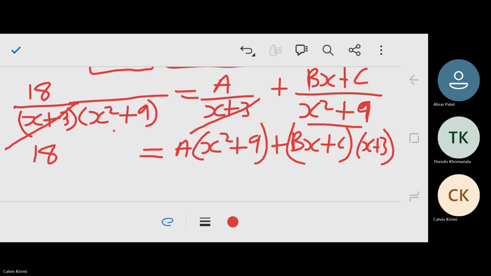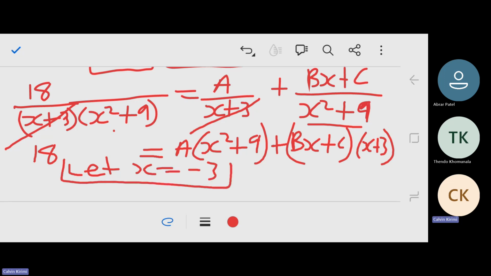So we let x equal to -3. This is what we are going to do to eliminate.